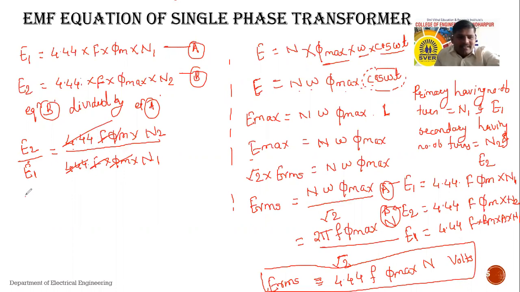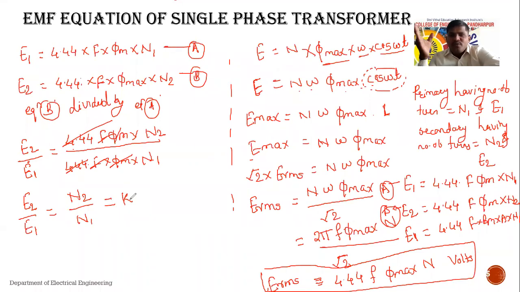So the equation becomes E2 divided by E1 is equal to N2 divided by N1, and this is equal to K. That is, second equation divided by first equation: the ratio of secondary induced EMF to primary induced EMF, E2 divided by E1, is equal to 4.44 f phi m into N2 divided by 4.44 f phi m into N1.